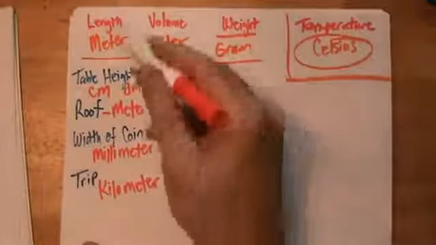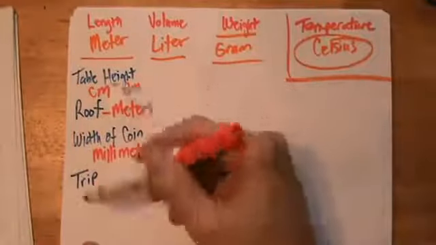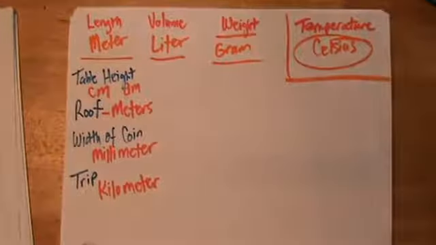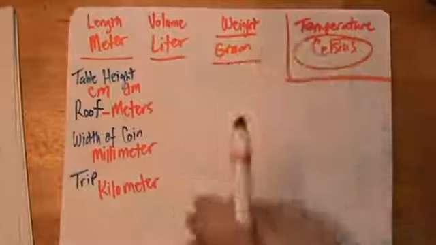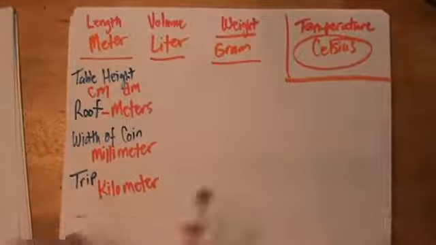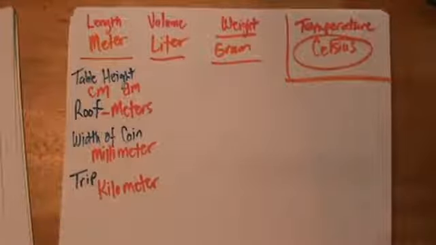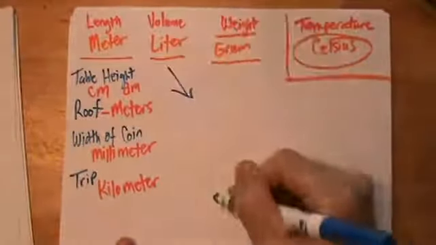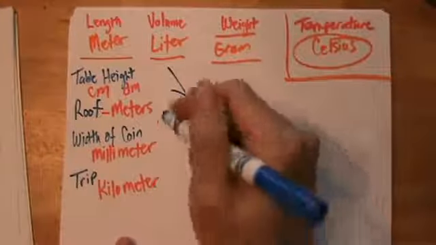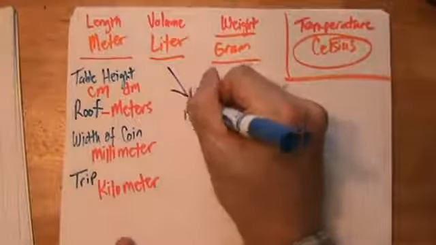So those are the 4 examples of length and 4 examples of items that you might be asked to give the proper unit of measurement with. Going on to volume and liter. For volume, there's really only 2 that I'm familiar with using for volume. One would be the milliliter.